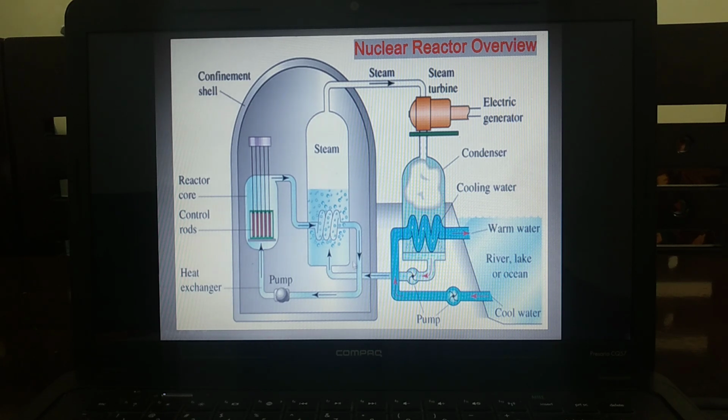The coolant cools the hot water and sends it back into the pressure vessel again for nuclear reactions. The steam formed from the sea water goes to the turbine. The hotter the steam, the faster the turbine rotates. As the turbine rotates, electricity is produced from the generator.